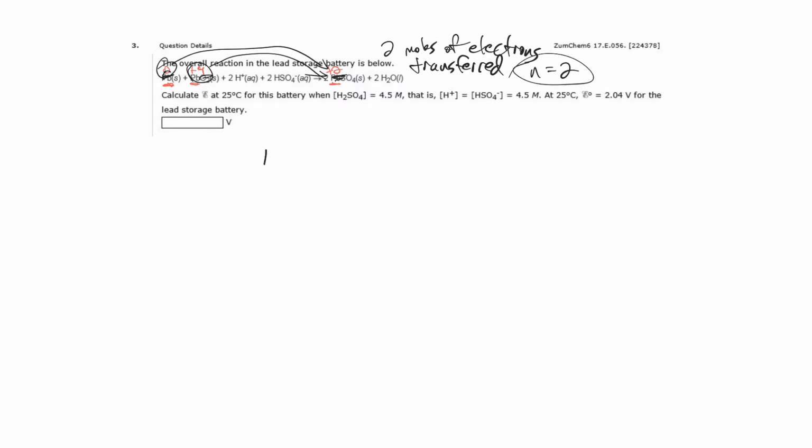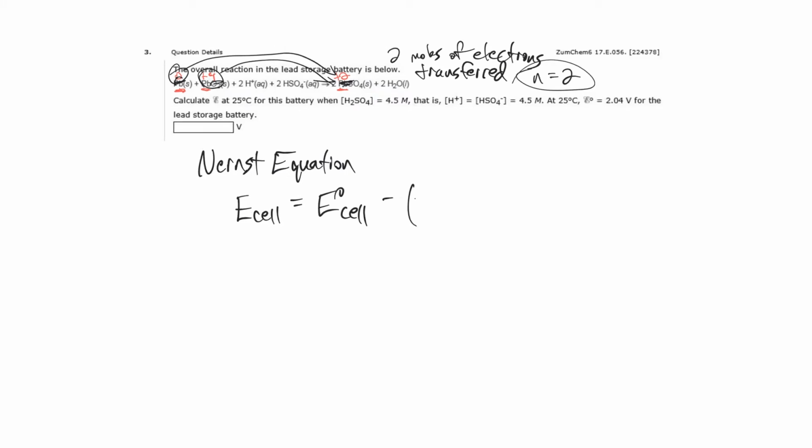Okay, so what is the Nernst equation? It allows us to relate non-standard cell conditions to standard cell conditions. So anytime that you're running a cell at concentrations other than 1 molar or pressures other than 1 atmosphere if they're gases, you can use the Nernst equation to correct for those non-standard conditions.